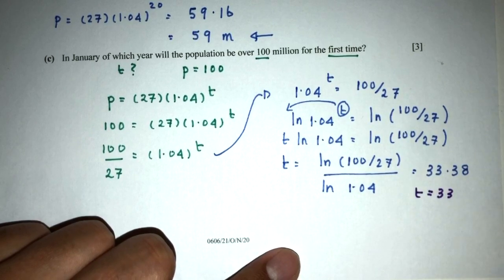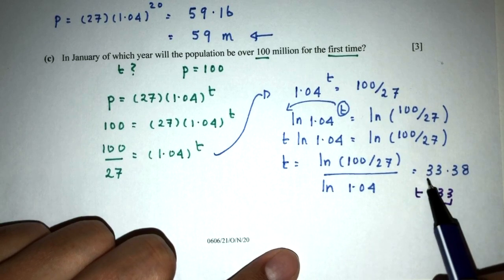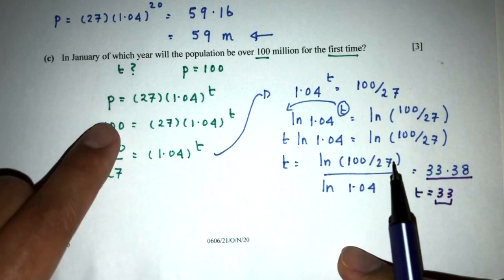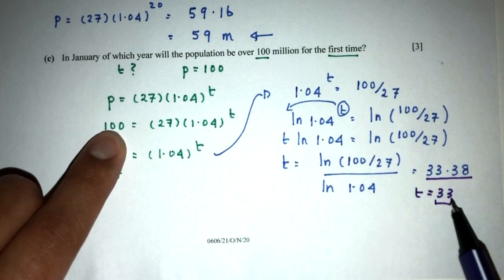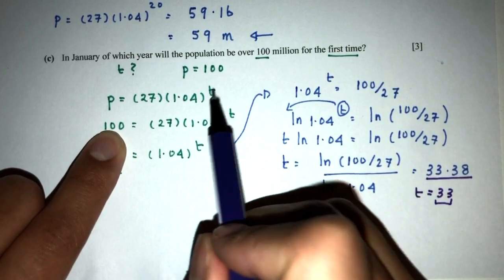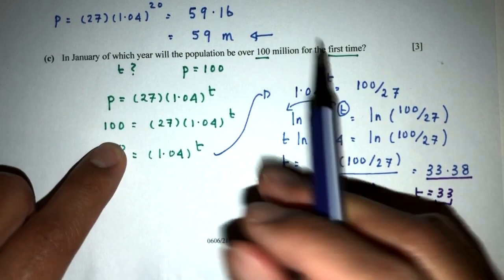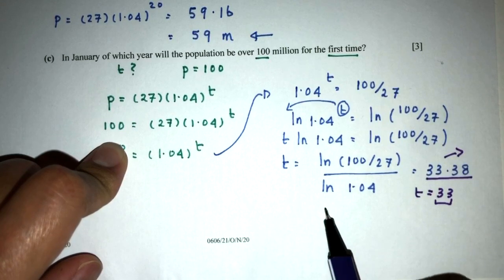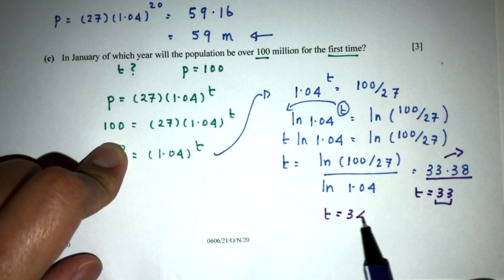But this cannot be the answer, because if you take t to be 33, it will be less than the required number of years to get the value of P. If you replace t in your main equation, P will be less than this. So for that reason, we have to take the next integer, which is t equal to 34.